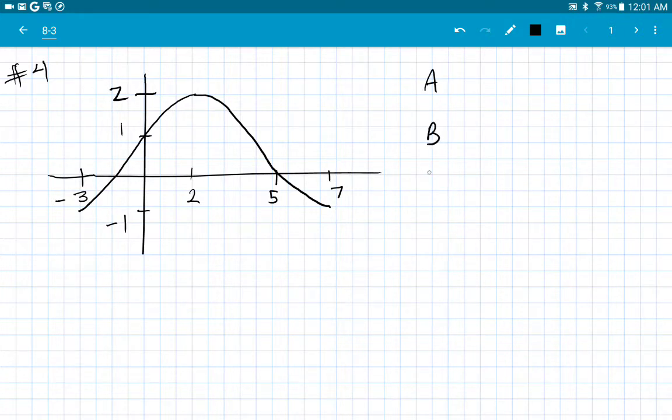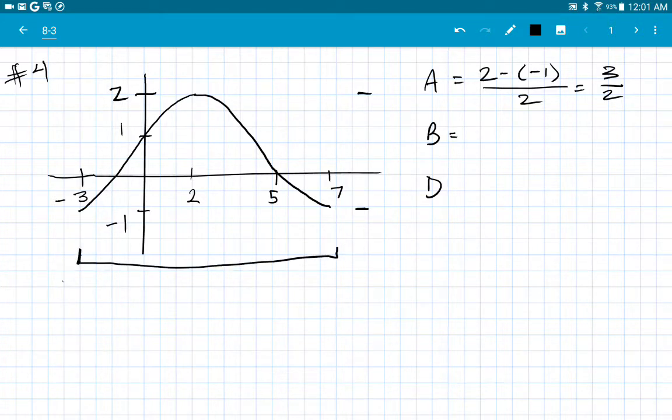A, B, and D. To find your A value, your amplitude, you take your max, 2, minus your min, -1, and divide it by 2. That gives us 3 over 2. For our period, B, we basically need to find the period, and the period goes from -3 all the way to 7.